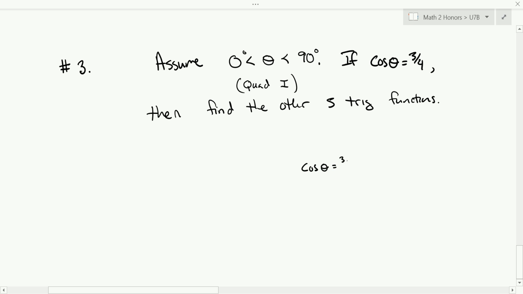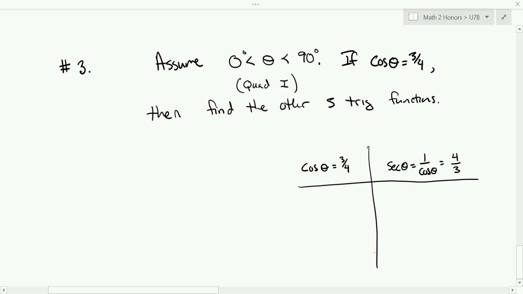Well, if we know the cosine is 3/4, we automatically get one more, which is the secant. Whenever you use secant, write 1 over cosine, just to remind yourself. It's going to be 4/3. So flip the cosine over. But the other ones, we don't know. We're kind of stuck. But we need to find them.